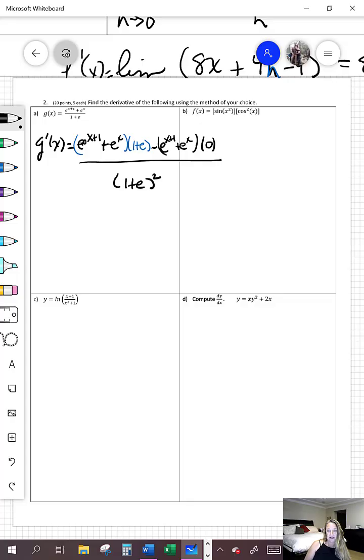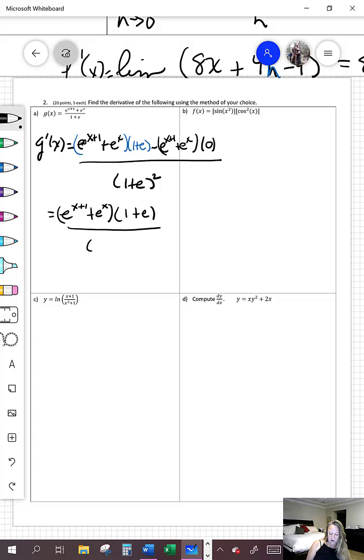Well, anything times 0 is 0. And so we have this here, e to the x plus 1 plus e to the x, all times 1 plus e, all over 1 plus e quantity squared.